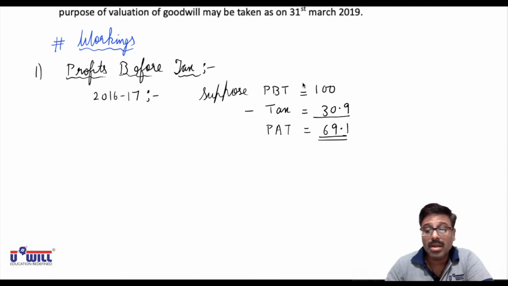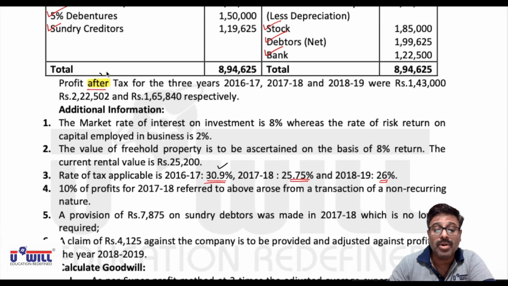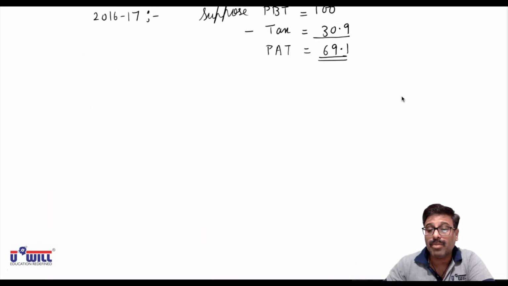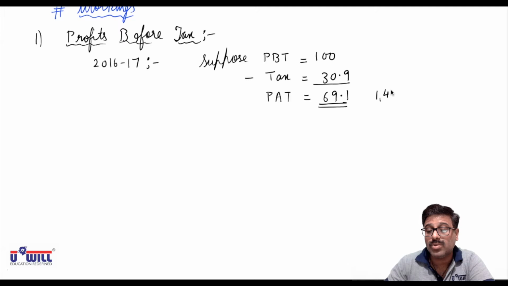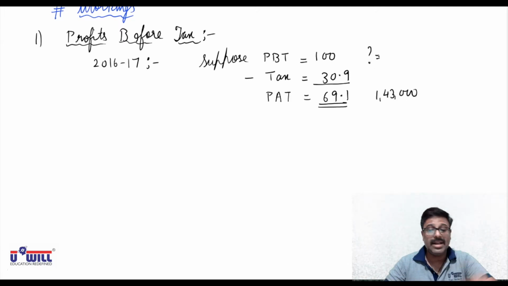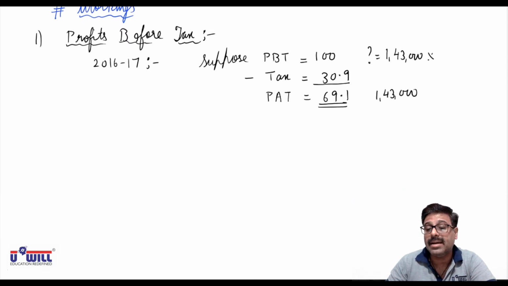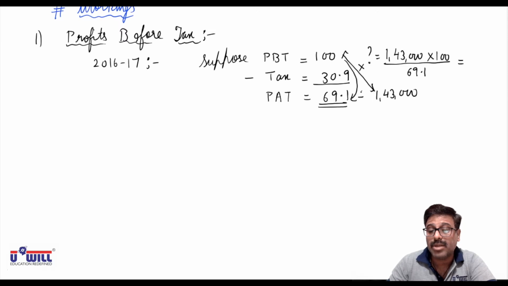Now what is the profit after tax already given to you? 1,43,000. So what would be the profit before tax? 1,43,000 cross multiplied by 100 and then divided by 69.1.